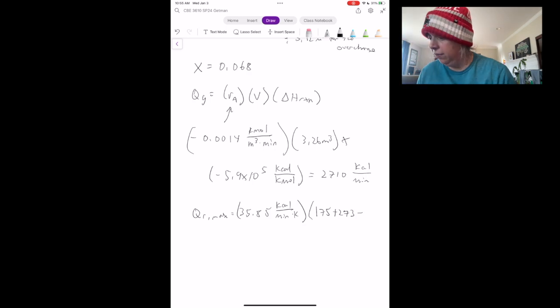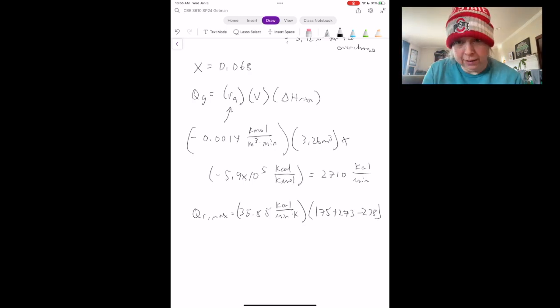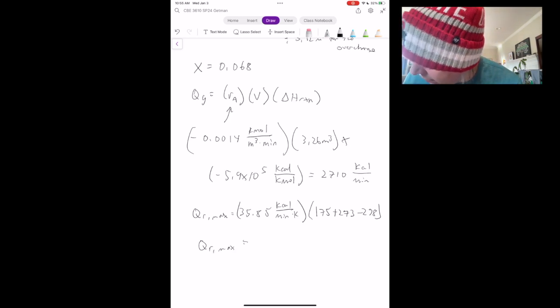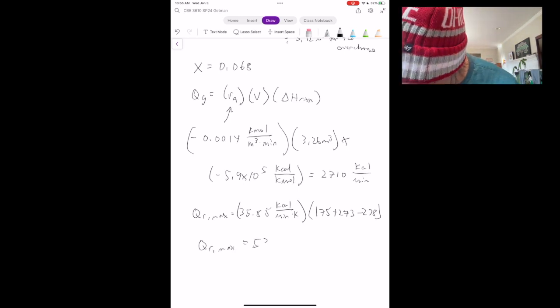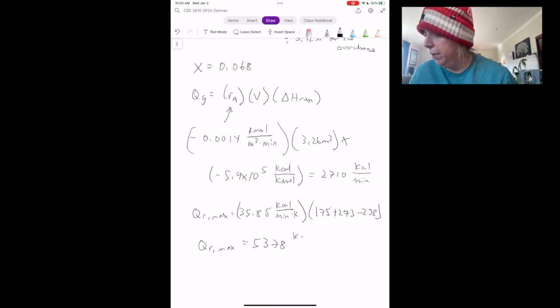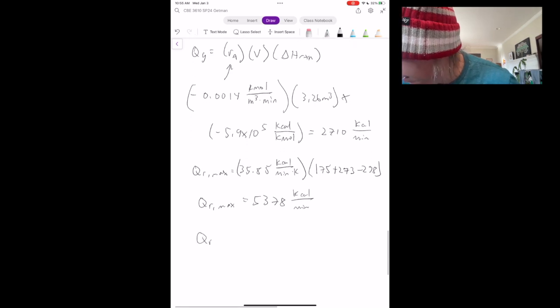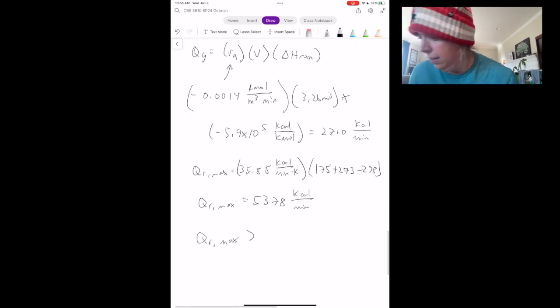This is all in Kelvin. And so the value that I get for QR max equals 5,378 kilocalories per minute. So QR max is greater than QG in this scenario.